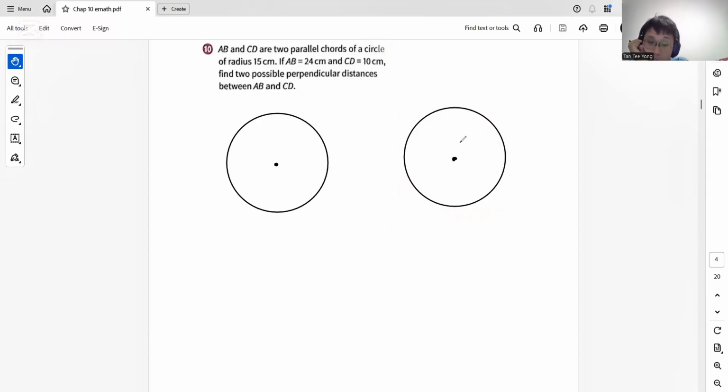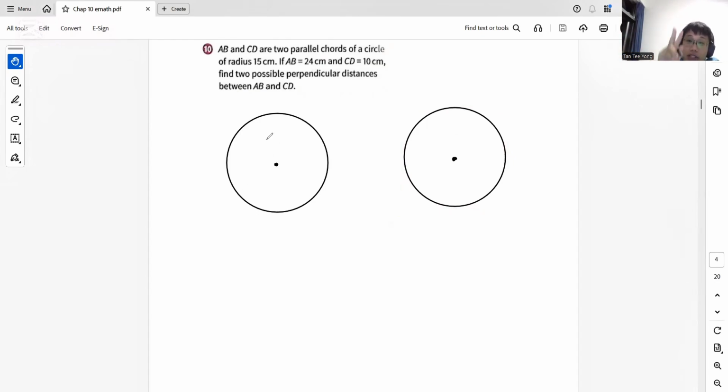So AB is 24 cm and CD is 10 cm. So that means very clearly, CD is shorter. So shorter means it will be further away from the center. Likewise, if you are 24 cm, because the radius is 15 cm, that means the diameter will be 30. So that means AB, which is 24 cm, is closer to the diameter.